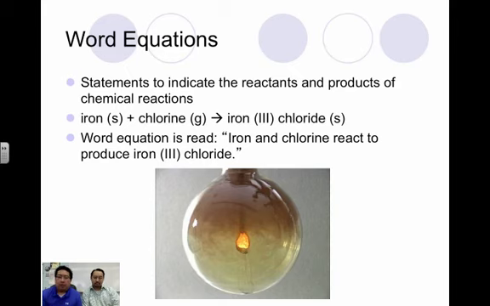There are word equations as well. These are statements to indicate reactants and products of reactions. Sometimes chemical reactions are written like this, where iron, which is solid, plus chlorine gas yields or gives off iron(III) chloride that is solid. And then you can also use the word equation as a sentence.